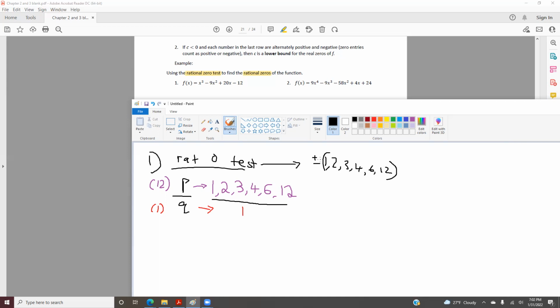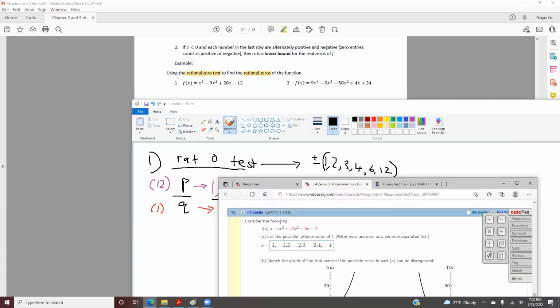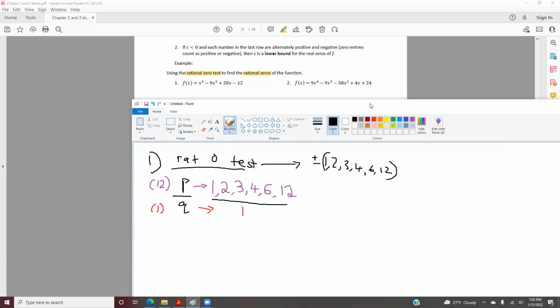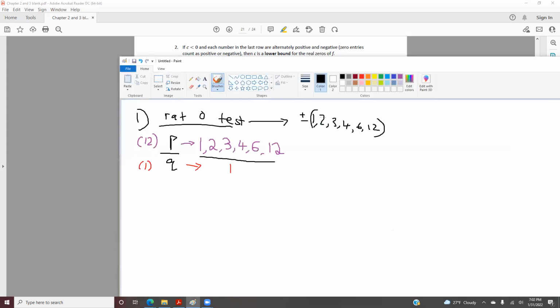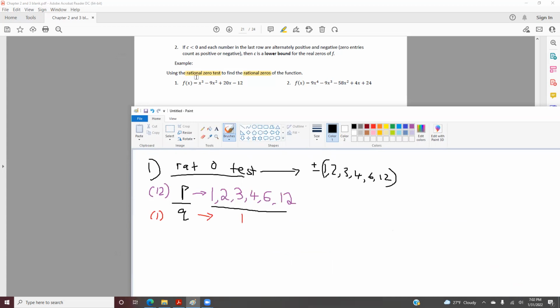So when you enter this in your online homework, it says list all the possible rational zeros, and your answer will be plus minus 1, plus minus 2, plus minus 3, plus minus 4, 6, and 12. Okay, so this is not too bad to enter into your homework because it's definitely less than the one that you just did. Okay, so this is called using the rational zero test.